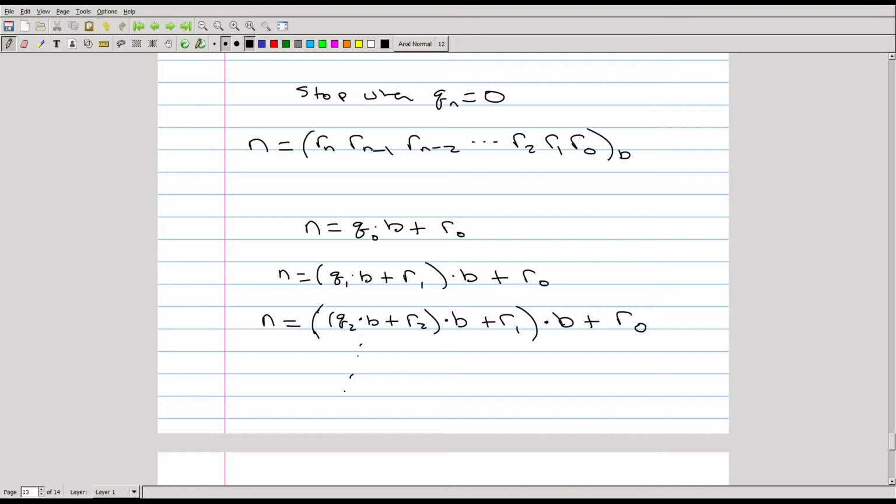what you're doing here, each time you apply this division algorithm, is you're essentially pulling out the remainder term in the division by b, and if you multiply this right here, you'll get r1 times b. Then you also have to multiply this by b, which will give you b squared here times r2, and so on and so forth, all the way down to the very end.